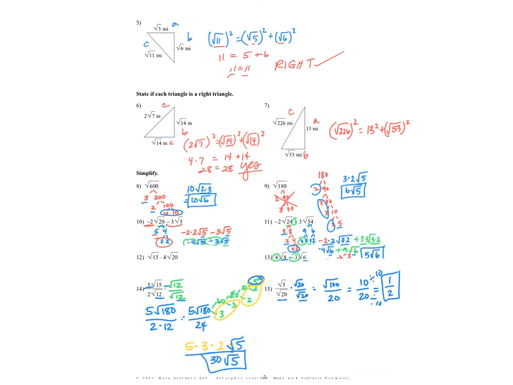Root 226 squared, when we square root, you get what's under the square root, so 226. 13 squared is 169, and again, when you square a square root, you get what's under the square root, so 53. Okay, I'm adding 169 plus 53, and I get 222. 222 does not equal 226, so that one is not a right triangle.